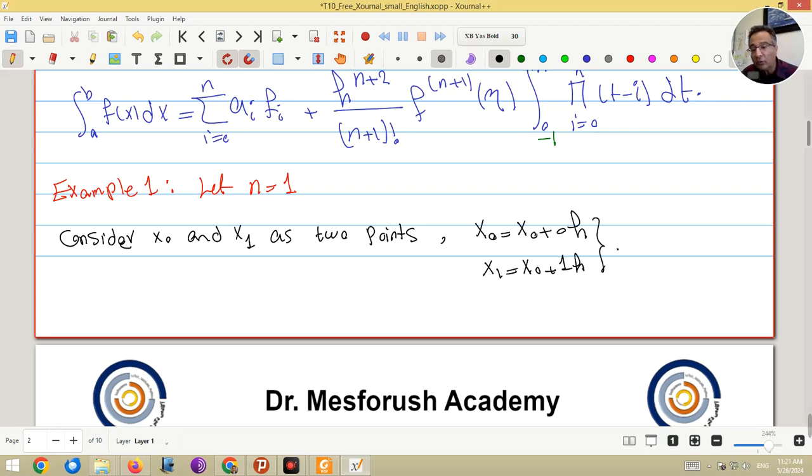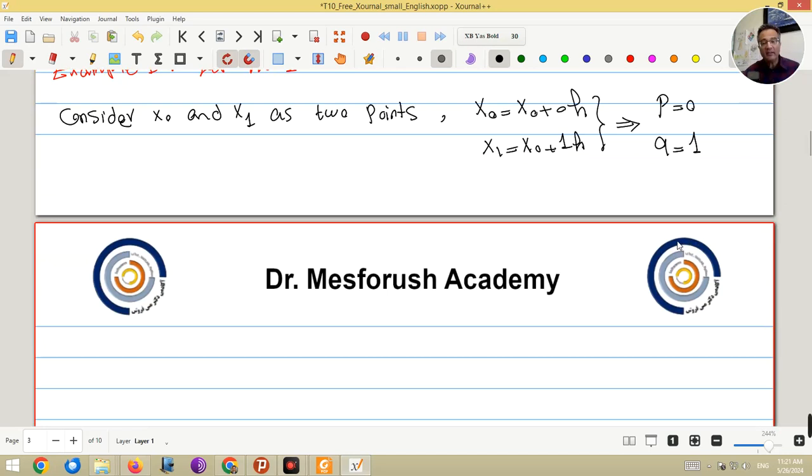These two relations give me that p is equal to 0 and q is equal to 1. Now we have to compute the ai's, in fact, a0 and a1.